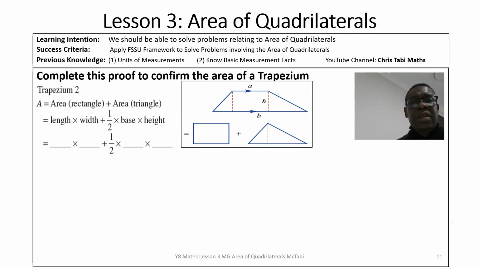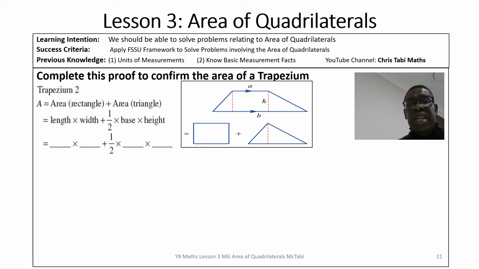What if we divided our trapezium like so, where we have a rectangle plus 2 triangles, but the 2 triangles we can put together because they share a common boundary.